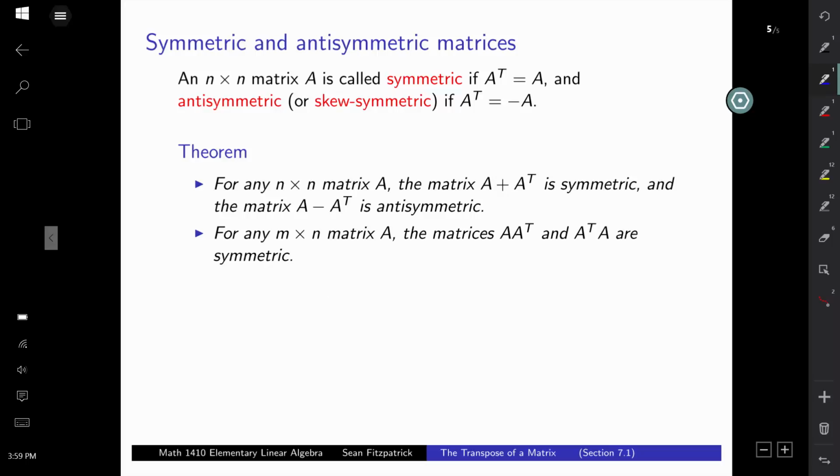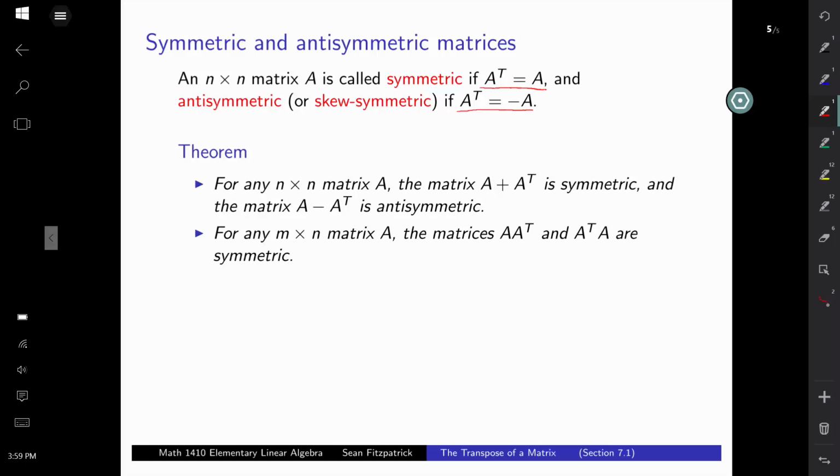Okay, but one thing we can do is define what it means for a matrix to be symmetric and what it means for a matrix to be antisymmetric. A symmetric matrix is one that's equal to its own transpose. An antisymmetric matrix is like that one we saw earlier, where taking the transpose is the same thing as switching the signs of all the entries in your matrix.